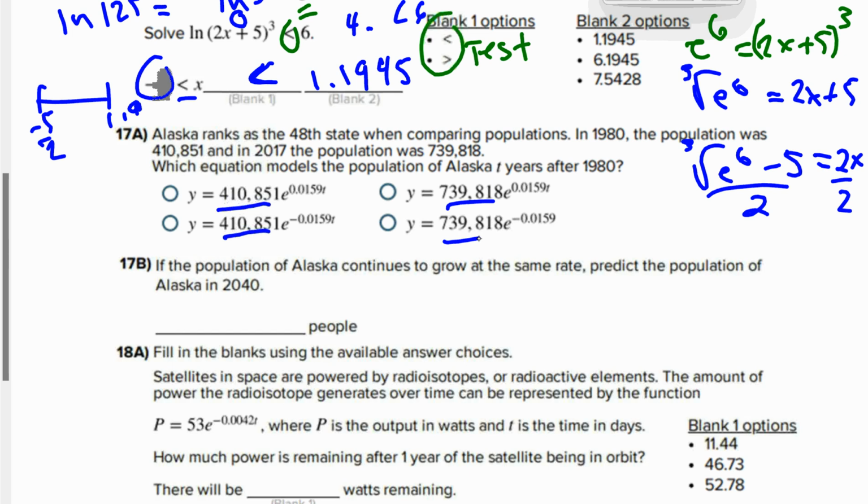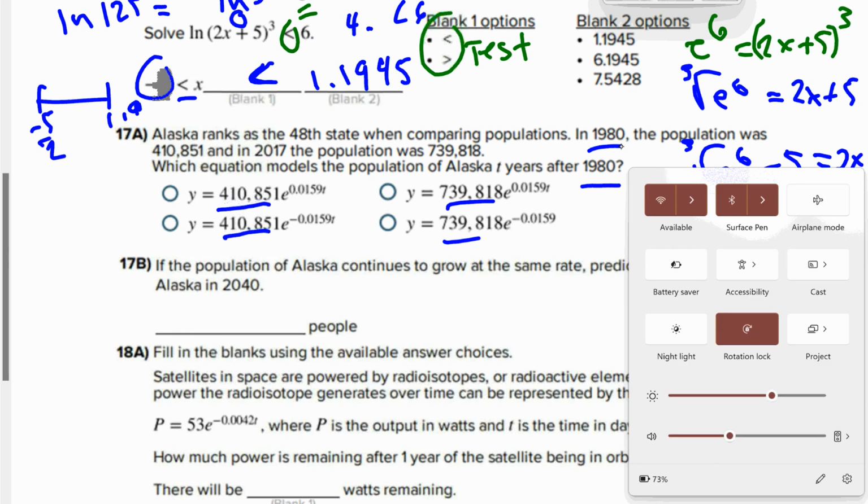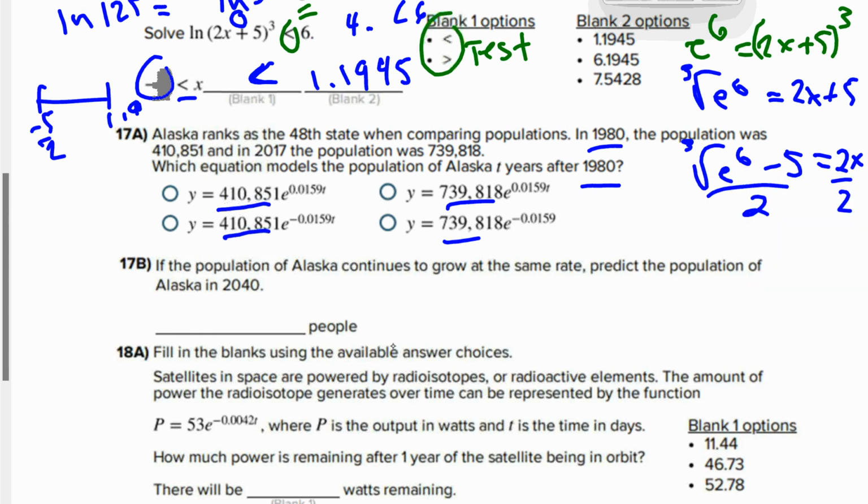Which equation models the population of Alaska T years after 1980? So after 1980 would be my base, the beginning, right? 1980, so I can make that T equals 0. And so my initial population would be the 410,851.